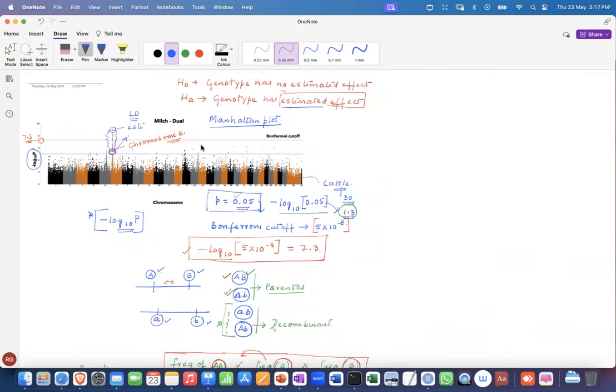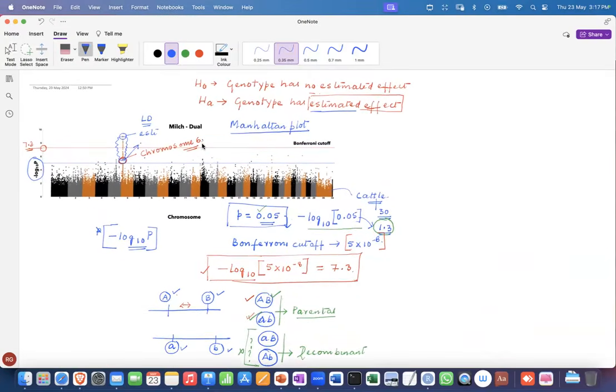Now we'll look into the last 15 or 20 minutes, and then we'll start the practical. We'll look into one more important thing to say whether you have done your GWAS correctly or not. The first thing that you have to do in your GWAS is go for a good sample size.